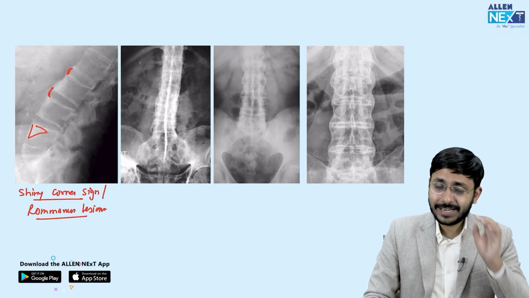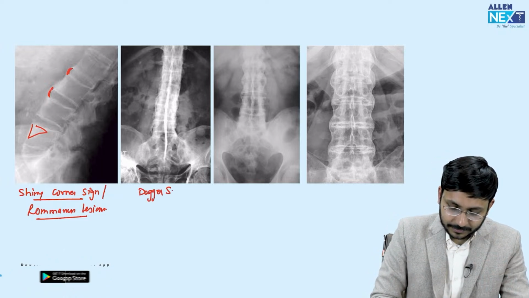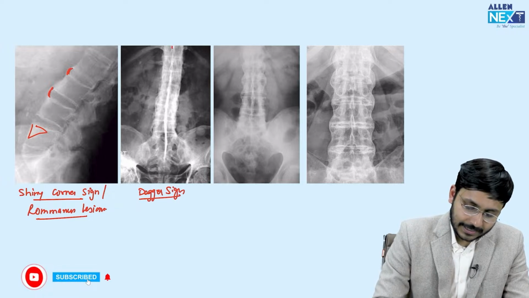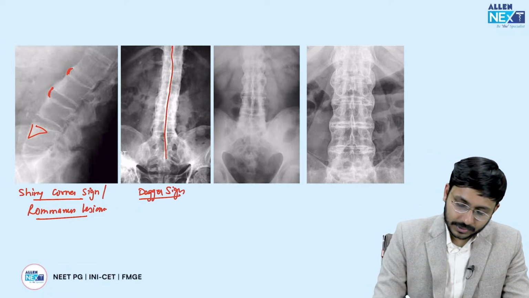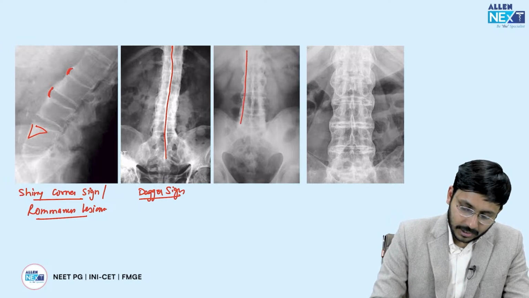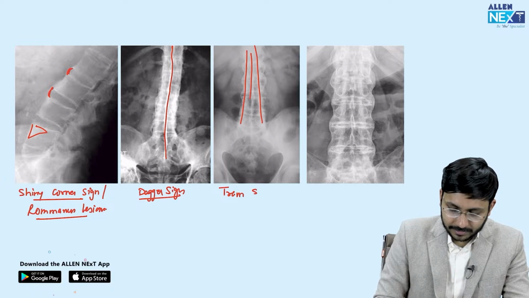Now, which is the second sign that is shown here? This is the dagger sign, due to calcification of the interspinous ligament. Now, this is the tram track sign that we've already learned in this question.